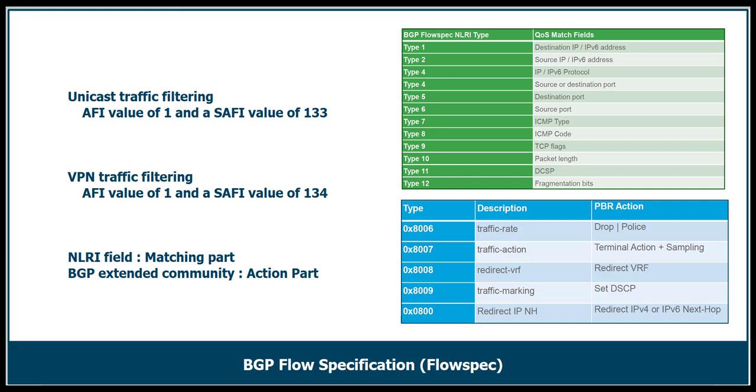When Flowspec is enabled, the router receives a specially formatted BGP NLRI message containing the flow characteristics and the desired action to apply to the matching traffic. The router then uses this information to dynamically create and apply traffic filtering and rate limiting policies.